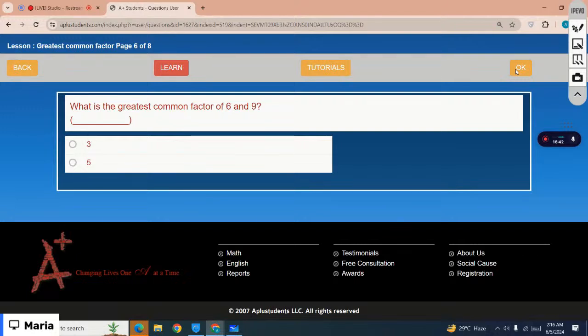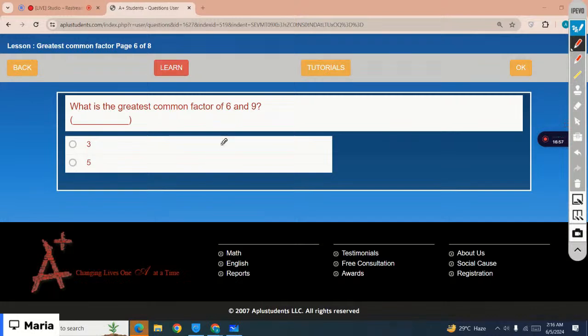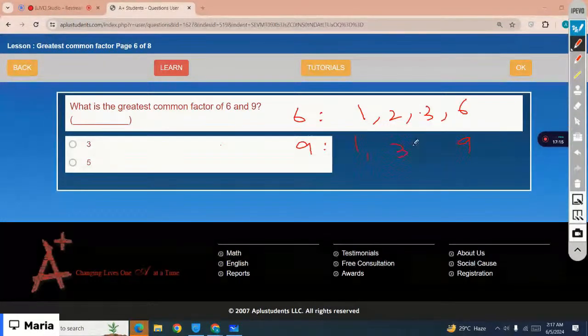The greatest common factor of 6 and 9 is 3. The correct option is 3. You need to write down the factors of 6, right? The factors of 6 are 1 times 6 is 6 and 2 times 3 is 6. Now you have to write down the factors of 9. 1 times 9 is 9 and 3 times 3 is 9. So the correct option is 3.